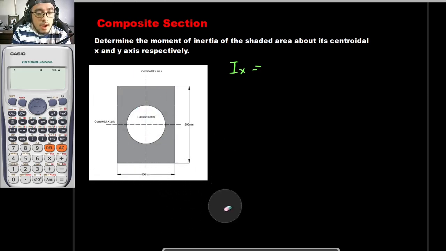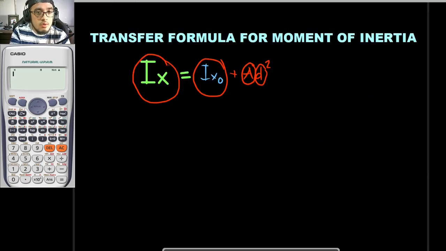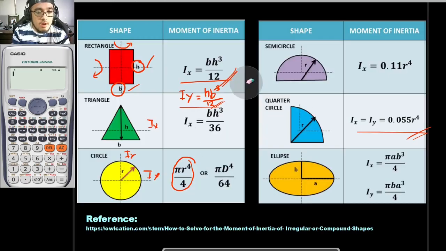So for your Ix, what would be the moment of inertia about this section right here? I would just be coloring it yellow. So what would be the moment of inertia of that section? Going back to the formulas here, your Ix is equal to bh cubed over 12.